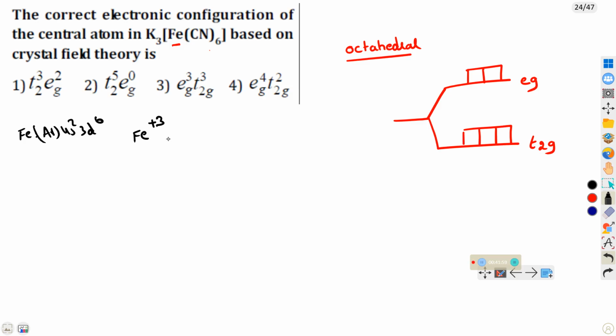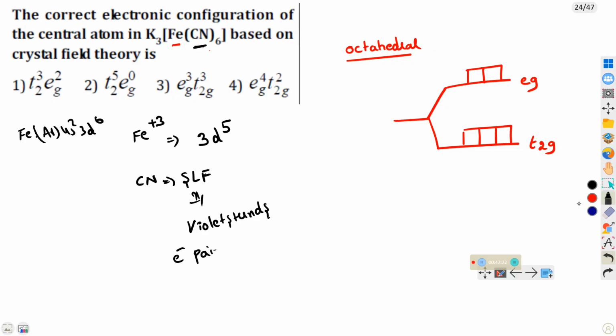Iron is in the +3 form; remove 3 electrons, 3d5. Now the ligand is CN. CN is a strong field ligand, so it violates Hund's rule. Electron pairing takes place, or regrouping of electrons takes place. 1, 2, 3, 4, 5, 6. t2g5, eg0. Second option correct.